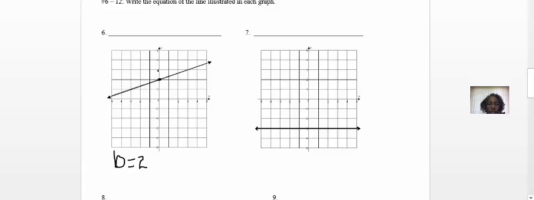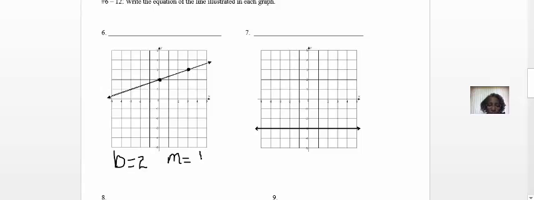So if I move 1 unit up, I then have to move 1, 2, 3 units right to remain on this line. And that's this point right here. So that tells me I made 2 positive movements from one point of this line to another.